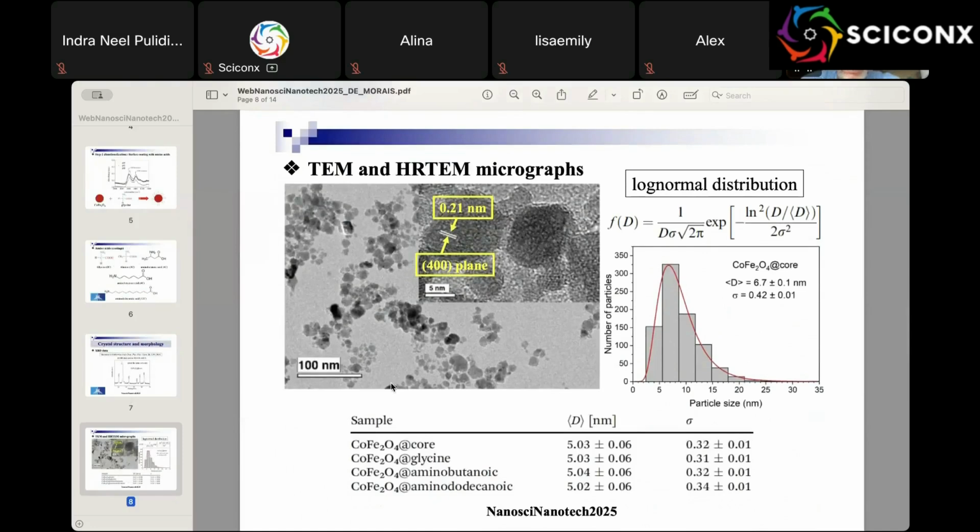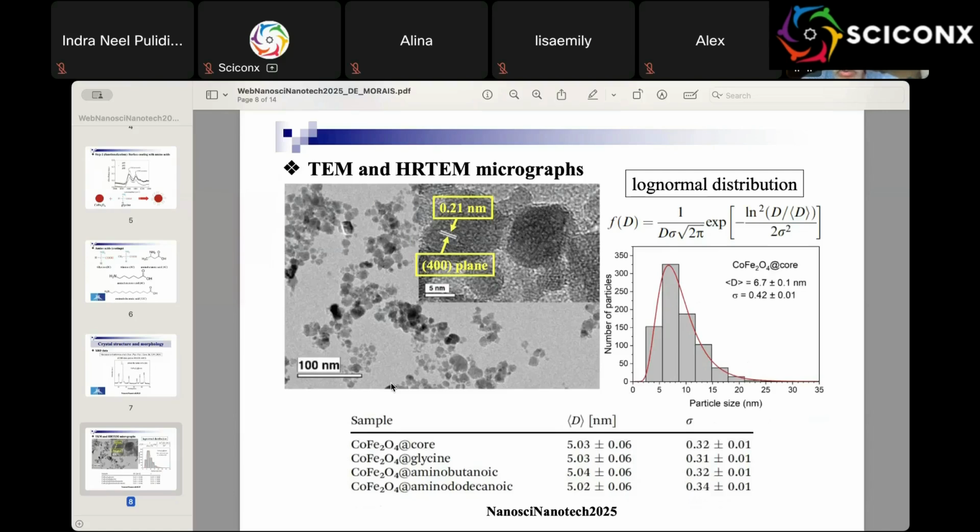Thanks. As for the morphological aspects, I'm showing you the transmission electron microscopy and also the high resolution transmission electron microscopy. From the TEM micrograph, we can extract the particle size distribution. You can see on the right-hand side, the particle size distribution.